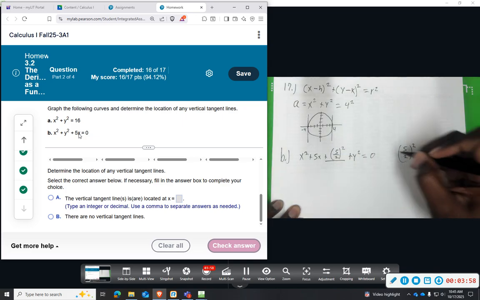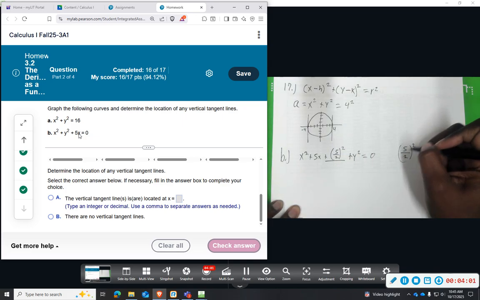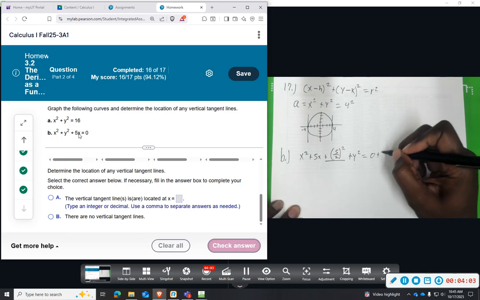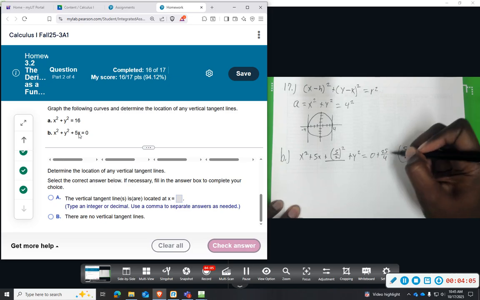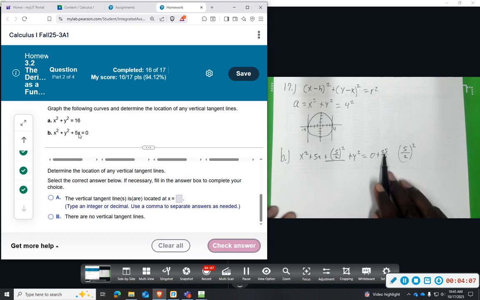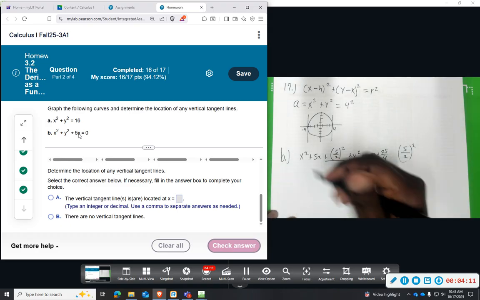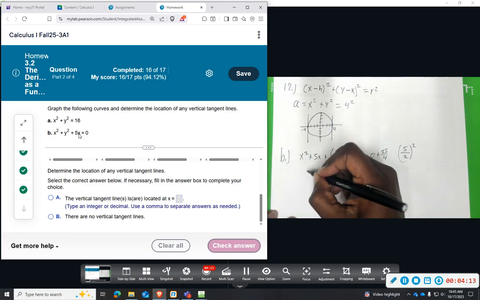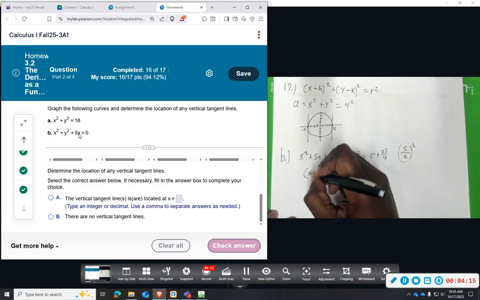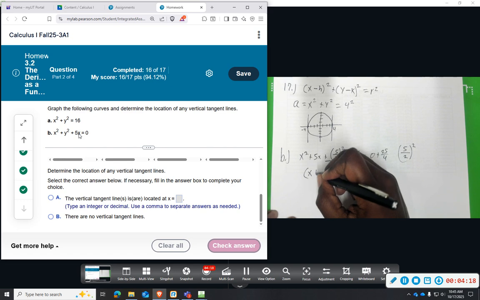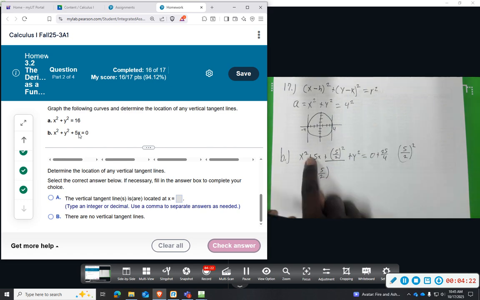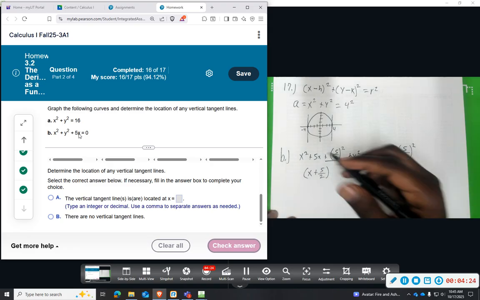And then to the right, I'm going to add 25/4. So when I complete the square, this will factor. Both the squared terms will come together. So this will be x plus, since it's positive, 5/2, and then it will be squared.